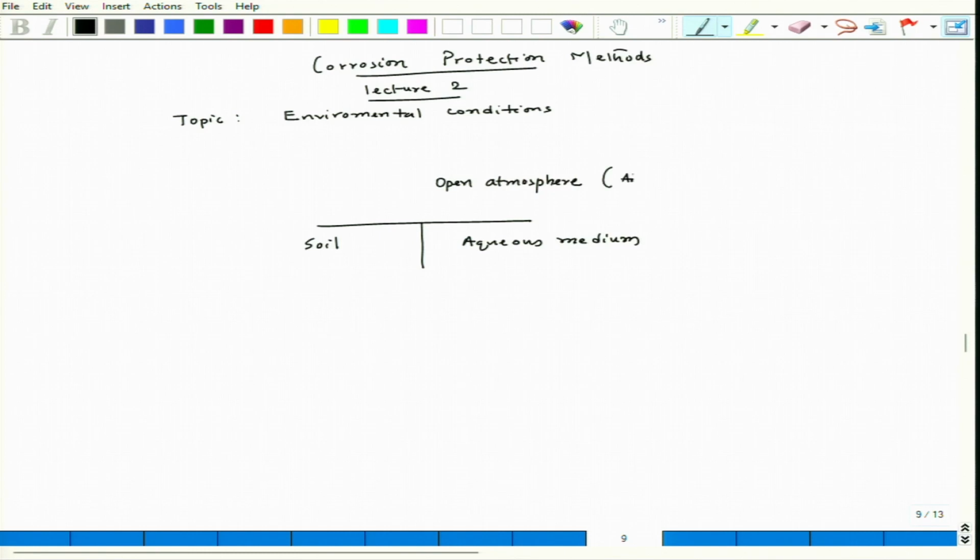We call it air atmosphere, fine. So, let us consider the air first. That is what we come to, called atmospheric corrosion.